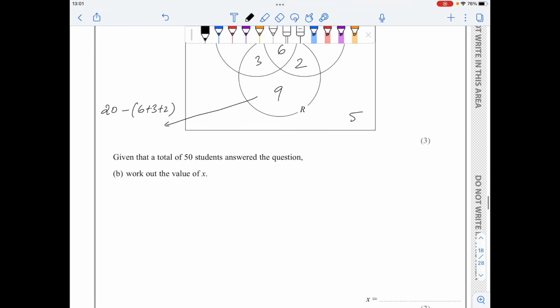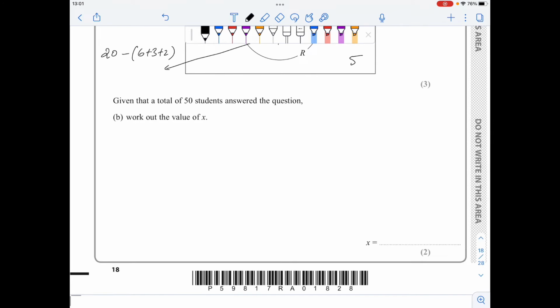For part B, I know that there's a total of 50 students, so if I add all the regions and equate to 50, I will create an equation. So the equation will be the following. If I simplify this one, I'll get 60 minus x equals to 50. So x is equal to 10.